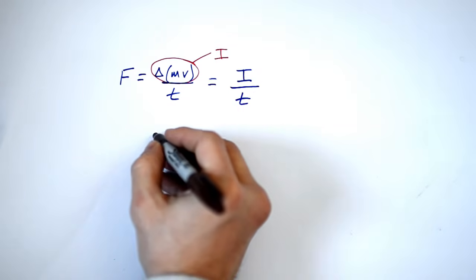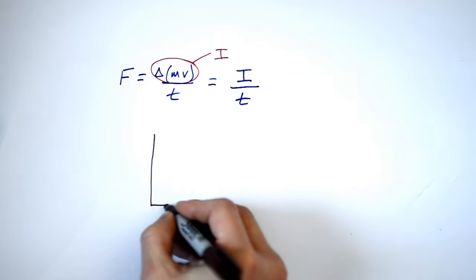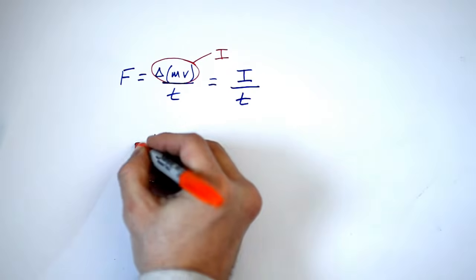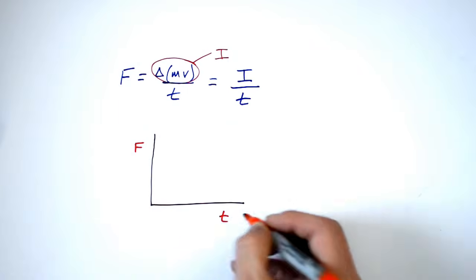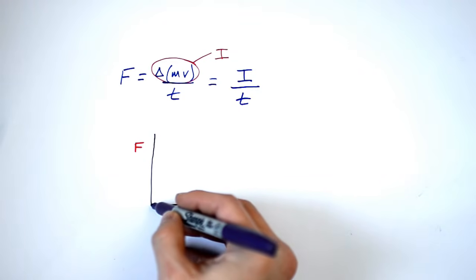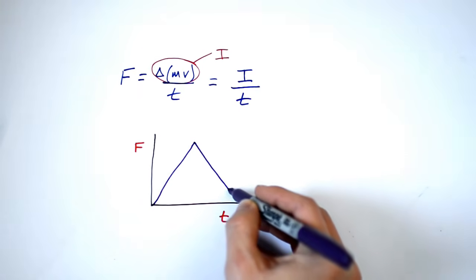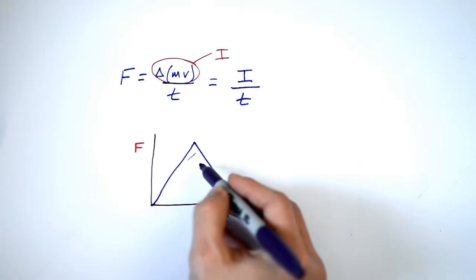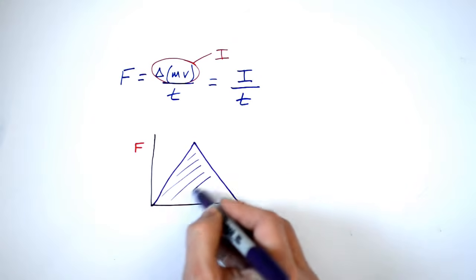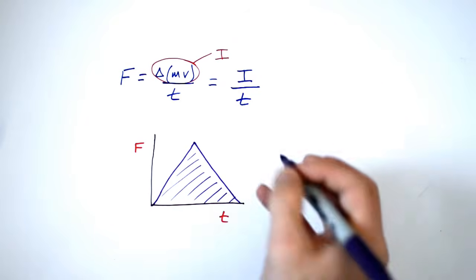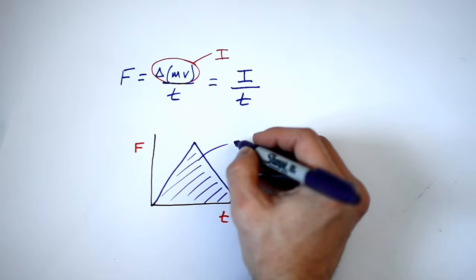You might get given a graph. This will be a force time graph. Now whatever shape the graph makes, you know that the area under the graph is equal to the change in momentum, or the impulse.